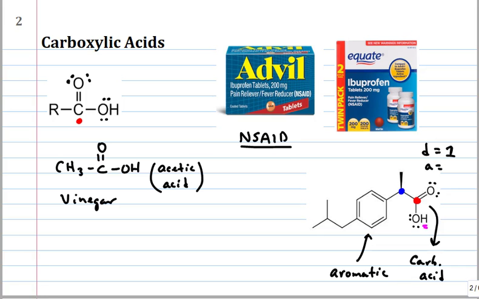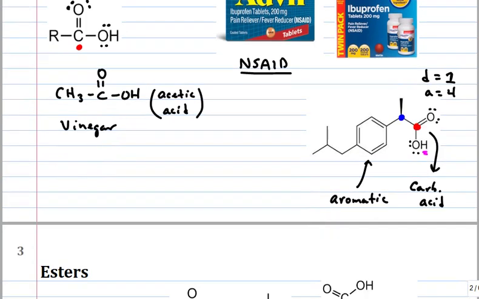And then ibuprofen has 4 acceptors. All right, so why do we care about carboxylic acids? Well, carboxylic acids play a number of roles in our life, and specifically in the molecule ibuprofen for this particular page of notes.